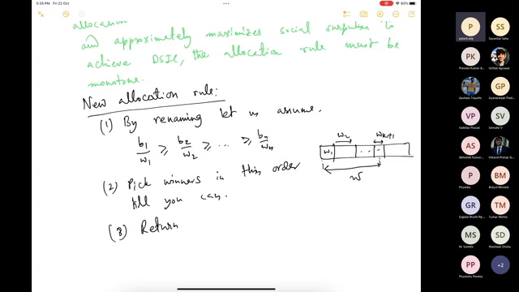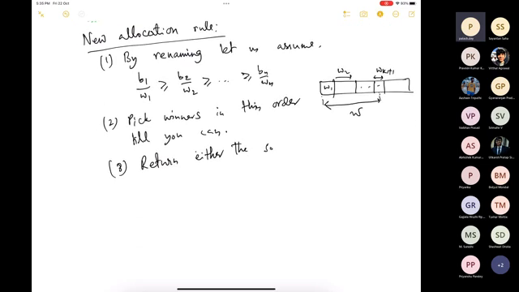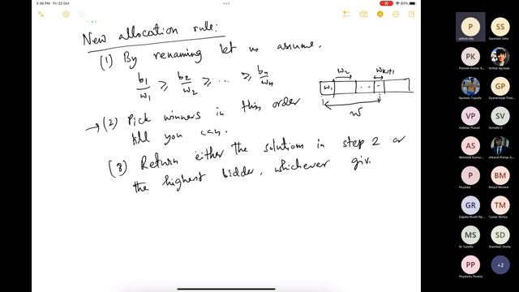Okay. So suppose return either the solution in step 2, that means the items you have picked in this step, or the highest bidder, whichever gives more surplus.